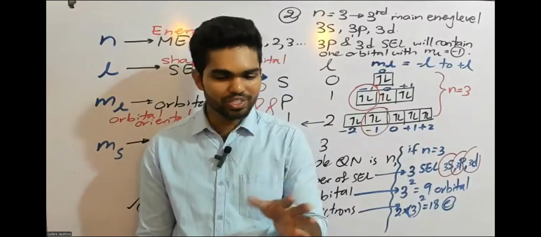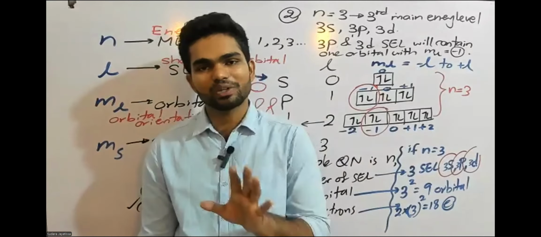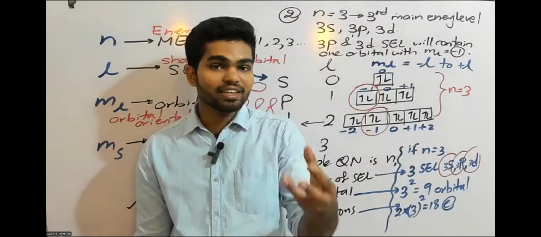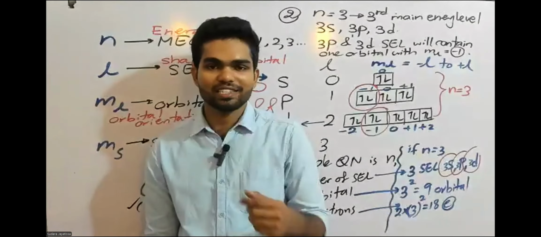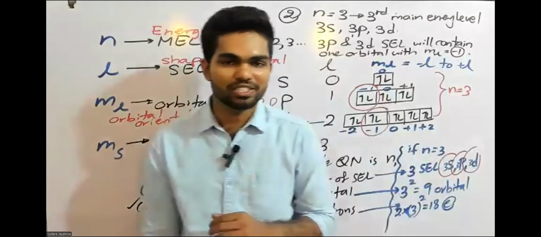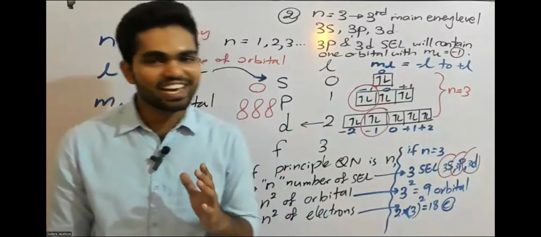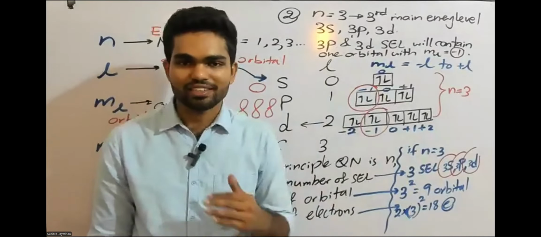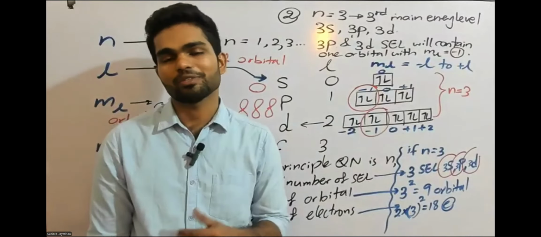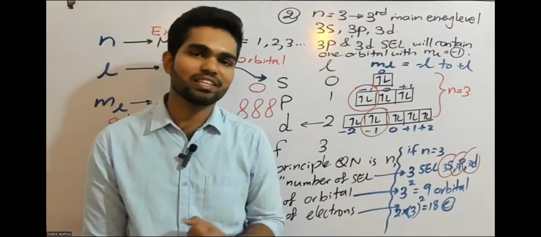Because these two questions are just asking about quantum numbers only, right? But if you add the theories of electronic configuration to this, then it will be a slightly improved version. I'm not saying they are hard, they can be done, but just learn the theories properly and then practice. That's it. Practice is the secret behind everything.